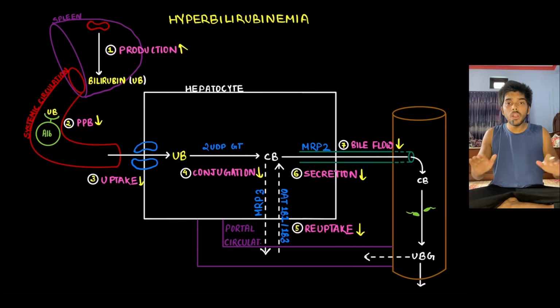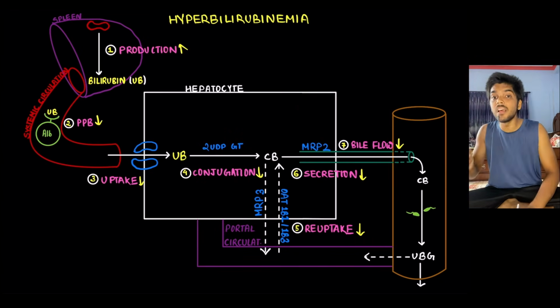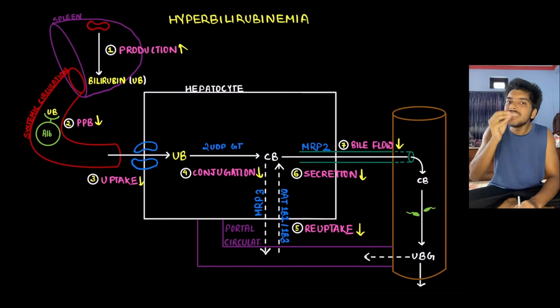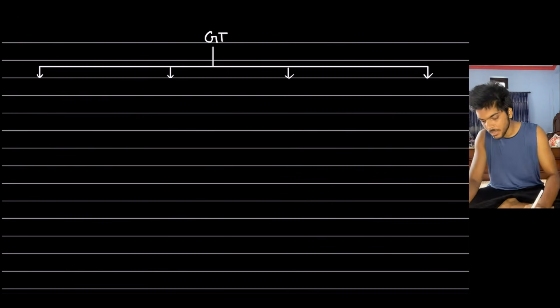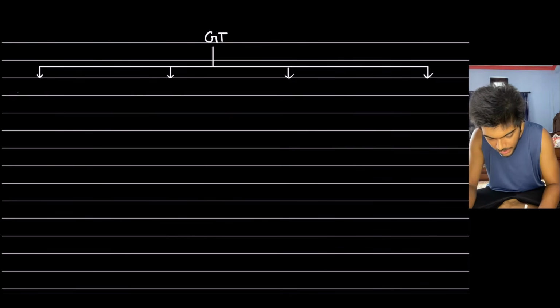Simple. So now you need to know different conditions where the function of GT is impaired or the GT itself is less or absent. As a result, conjugation does not take place. Let's see those conditions. Okay. First, there is neonatal deficiency of GT.